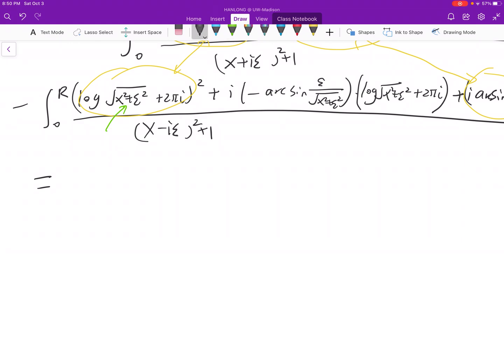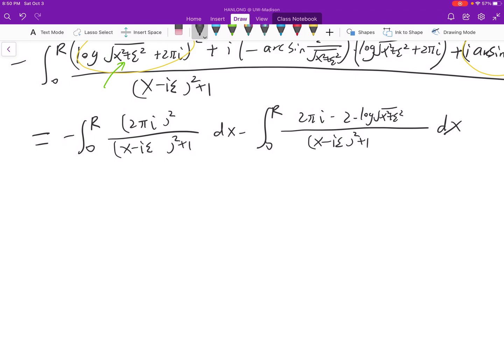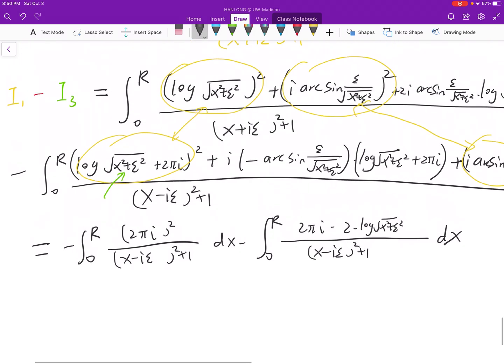And what do you have? You have negative integral from 0 to r, log... You first take out 2πi squared divided by (x minus iε) squared plus 1 dx, minus integral from 0 to r of 2πi times 2 times log square root of x squared plus ε squared divided by (x minus iε) squared plus 1 dx, and then you have log square root of x squared plus ε squared over (x minus iε) squared plus 1.